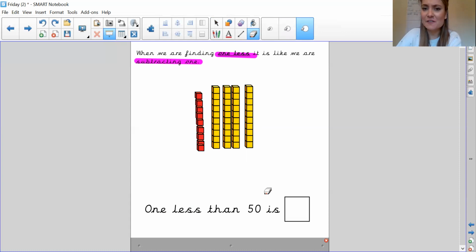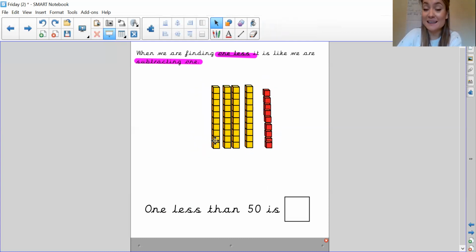1 less than 50 is, I've got 10, 20, 30, 40. So I've got my 4 tens. Let's just switch this around, make it a bit easier. Make sure we're writing it correctly because our tens comes first. We've got 4 tens. How many ones have we got here?